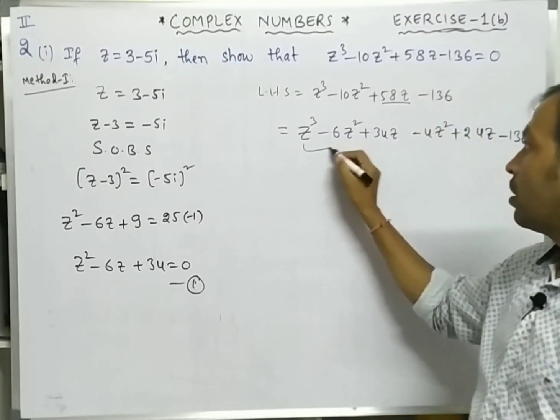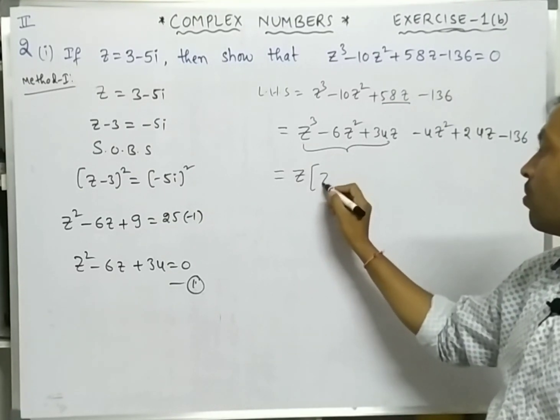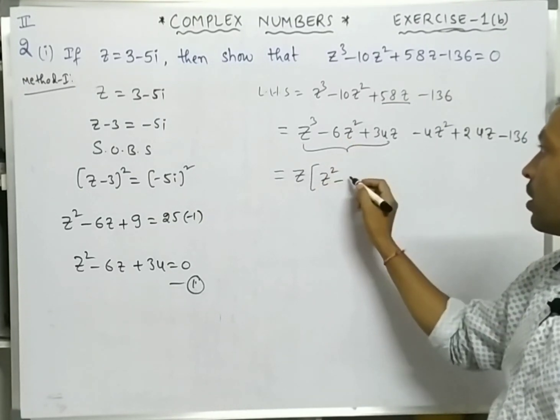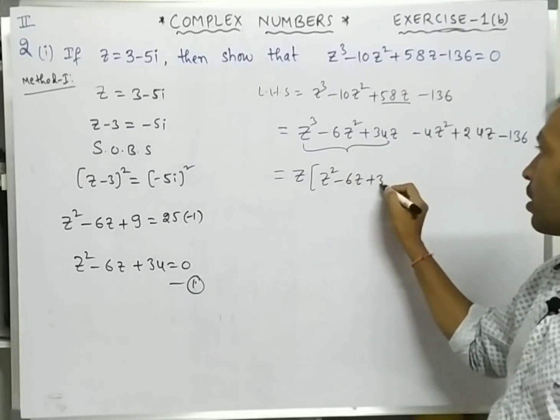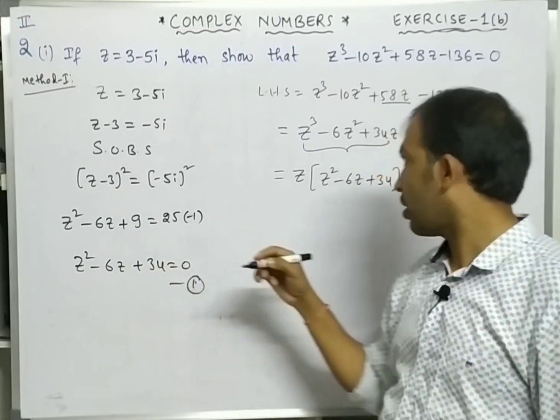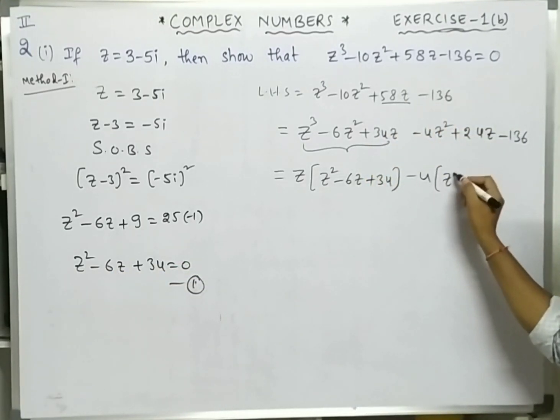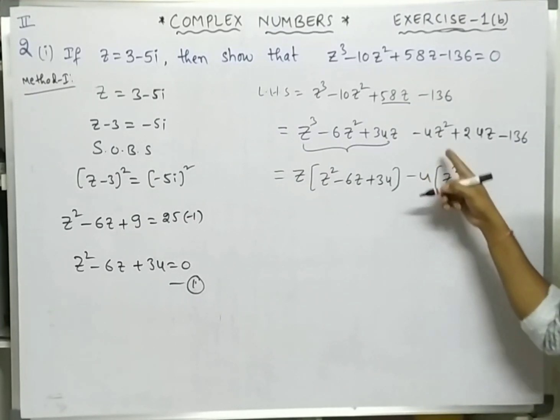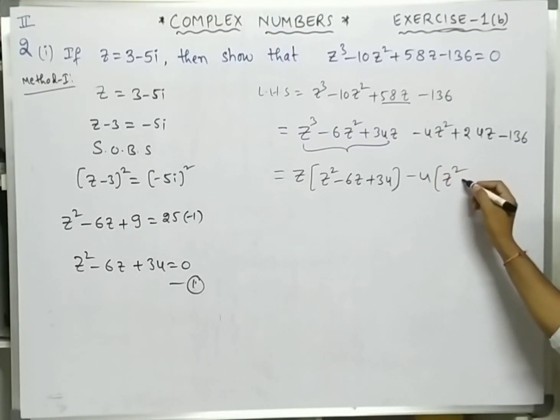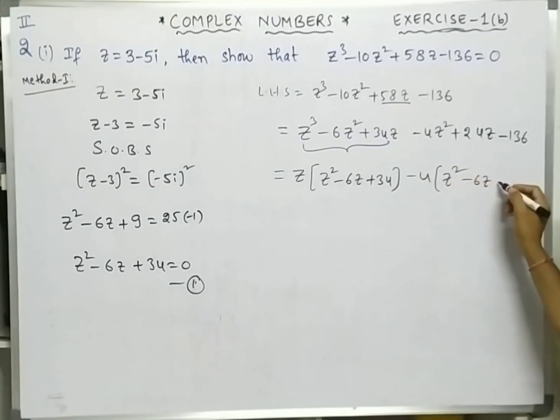Now simple. What is common in the first 3? z is common. What is remaining? z square minus 6z plus 34. So in the bracket we get z square minus 6z plus 34. In the last 3, minus 4 is common. What is remaining? z square minus 6z, minus into minus plus, 4 into 6 is 24z.